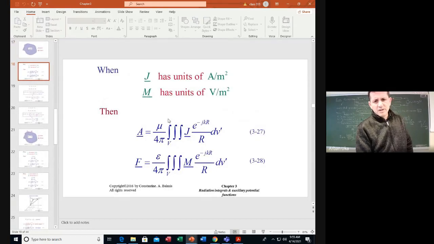For example, in equations 3.27 and 3.28, this approach is mentioned even in earlier stages before you take antennas, where we have said simply that if you want to find specific components of the vector A, if we want to find A_r, which is A in the direction of the propagation, we have to use J_r, okay?